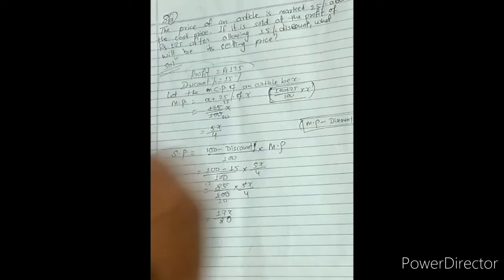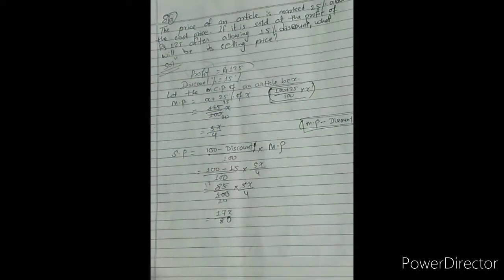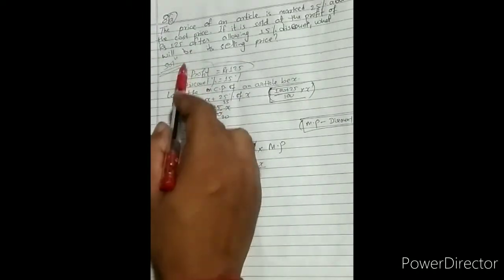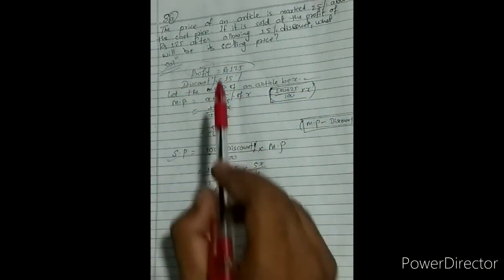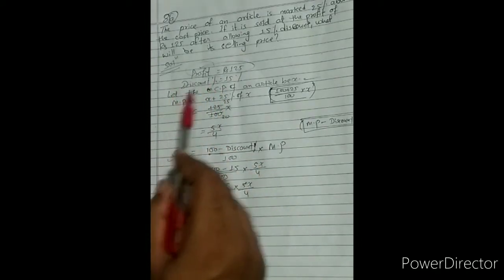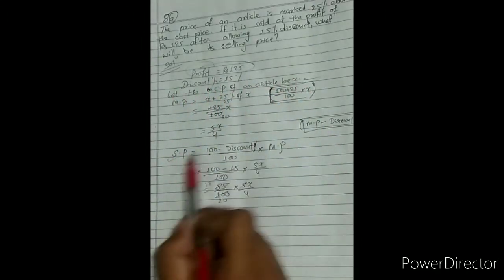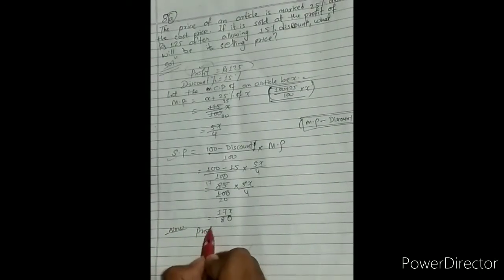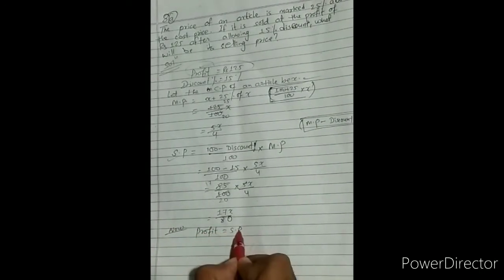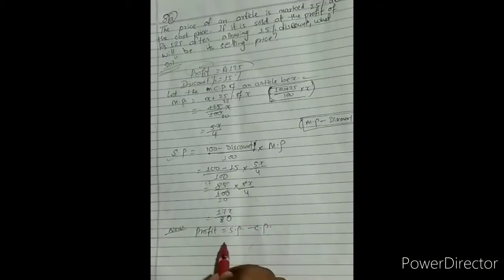Next, the profit amount is given, 125. So let's use the formula of profit with SP and CP, and get the value of X. Profit equals SP minus CP.